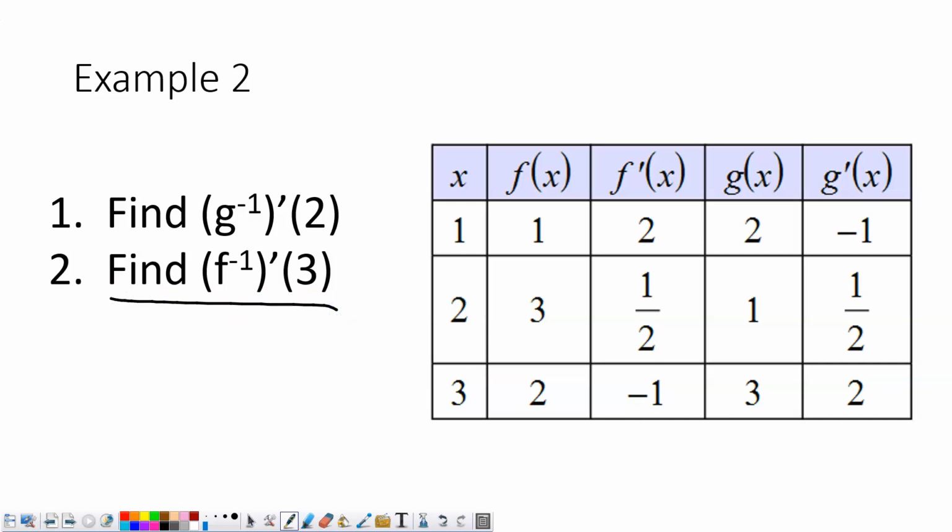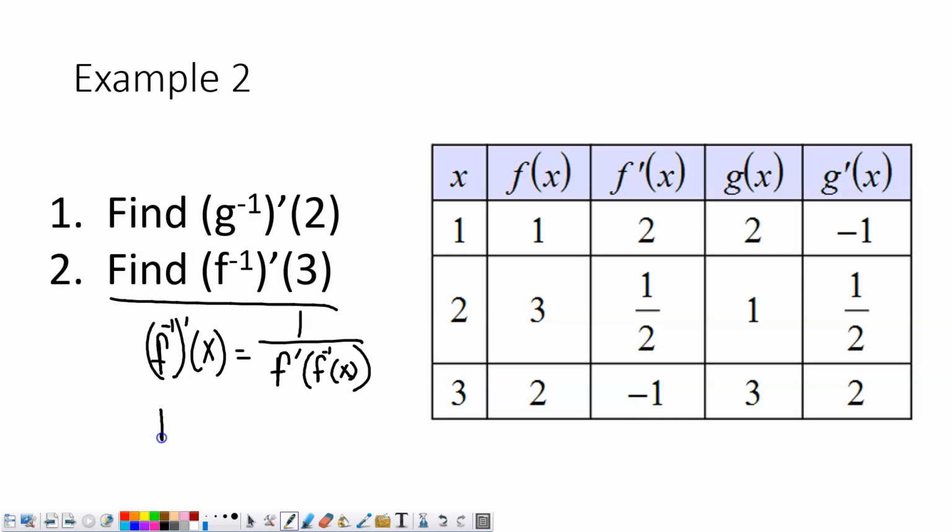What would the formula be for this? That's the first thing we need to do, is we need to do the formula. So there's the formula for the derivative of f inverse.